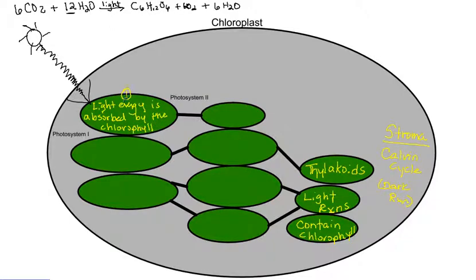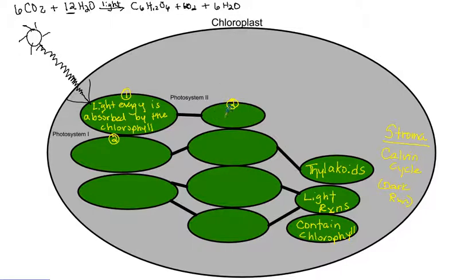Okay, so the light energy comes down and it zaps the chlorophyll, and that creates some very high energy electrons. Those high energy electrons are going to be used to do 2 things. Let's put number 2 right here. There's 2 number 2s. We'll put another number 2 right here.